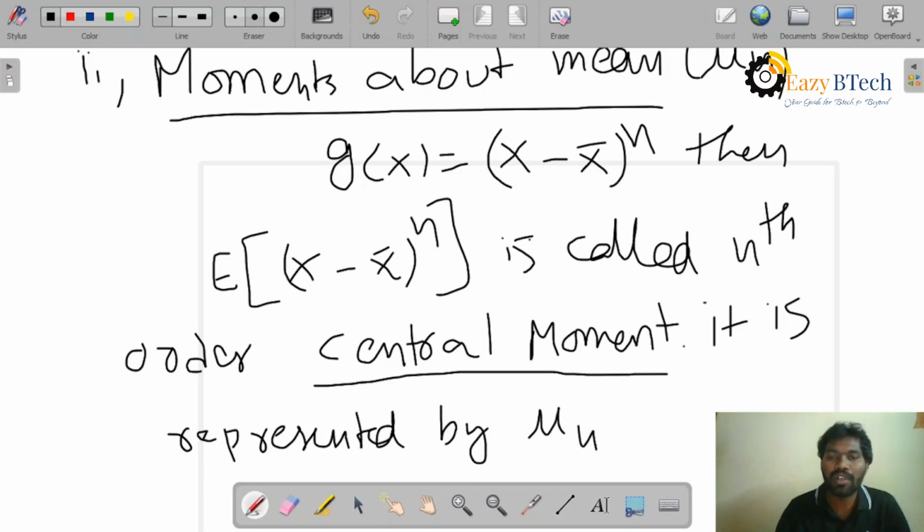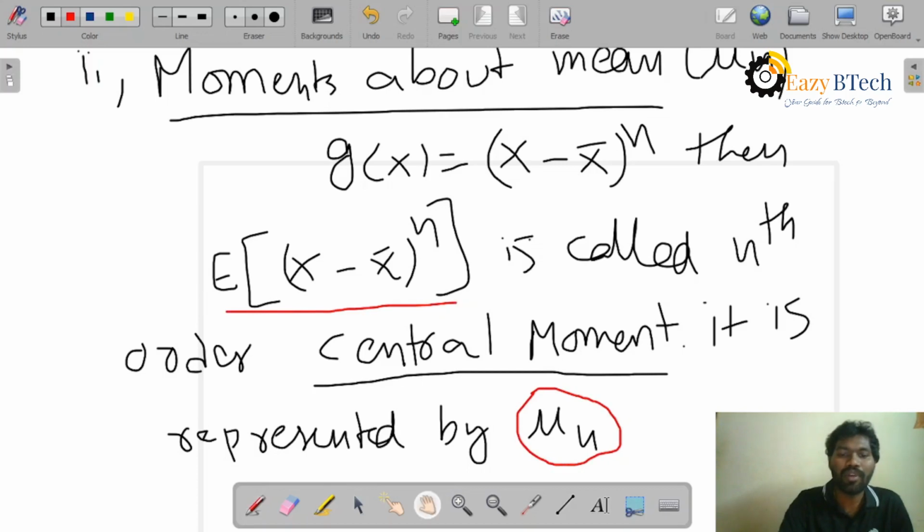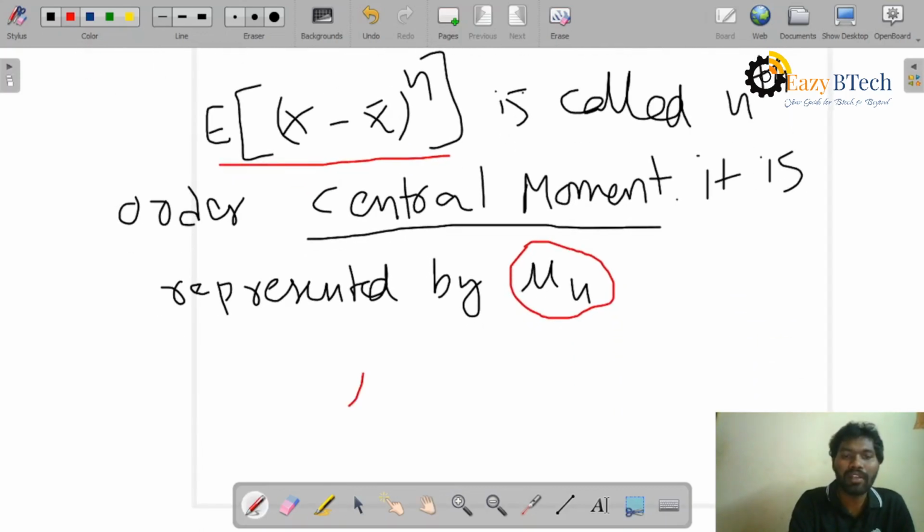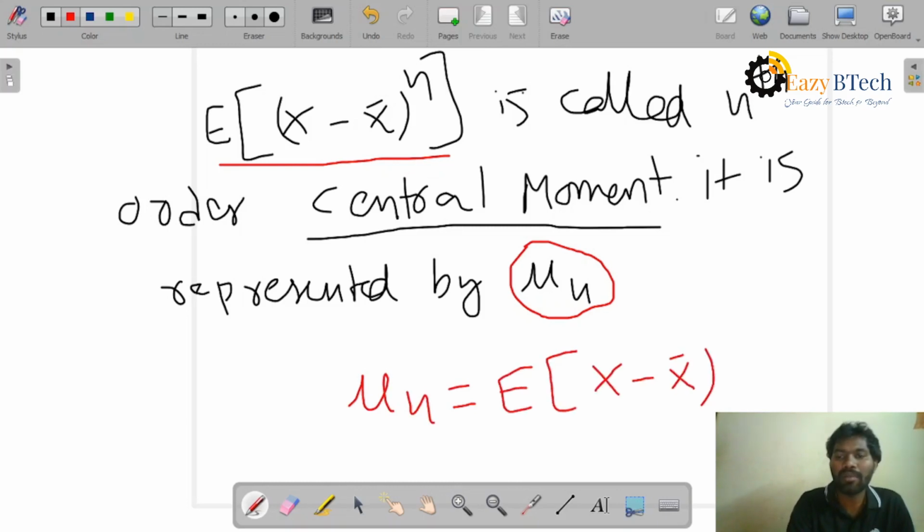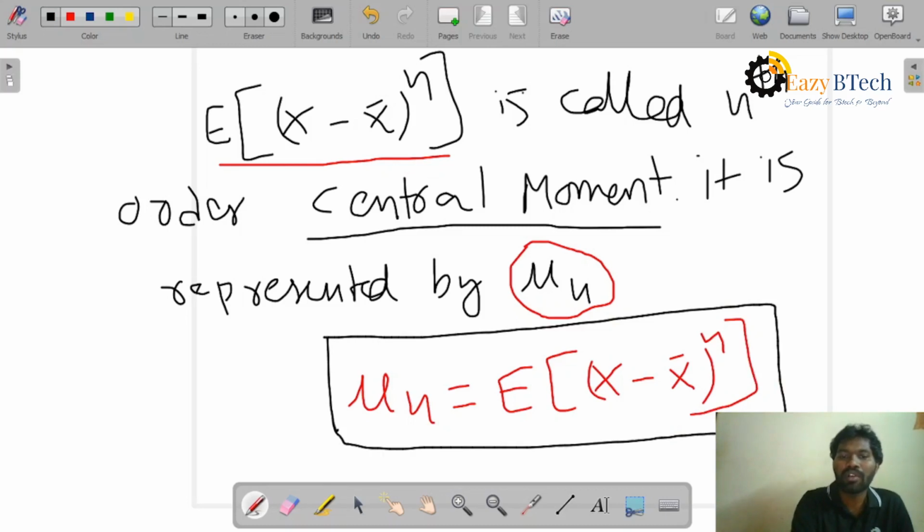Mathematically, the central moments are represented like this: mu n equals expectation of x minus x bar whole power n. These are called the central moments.